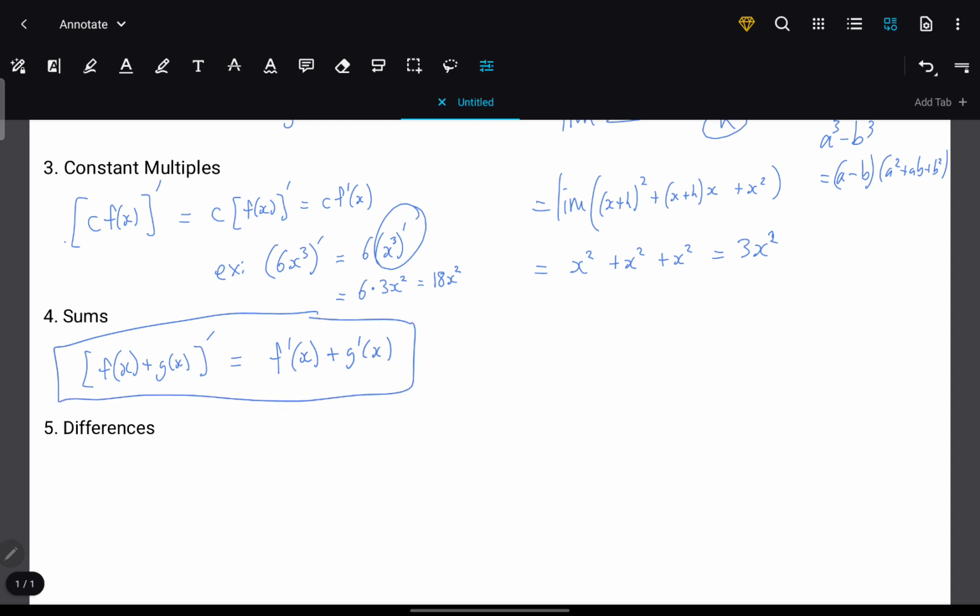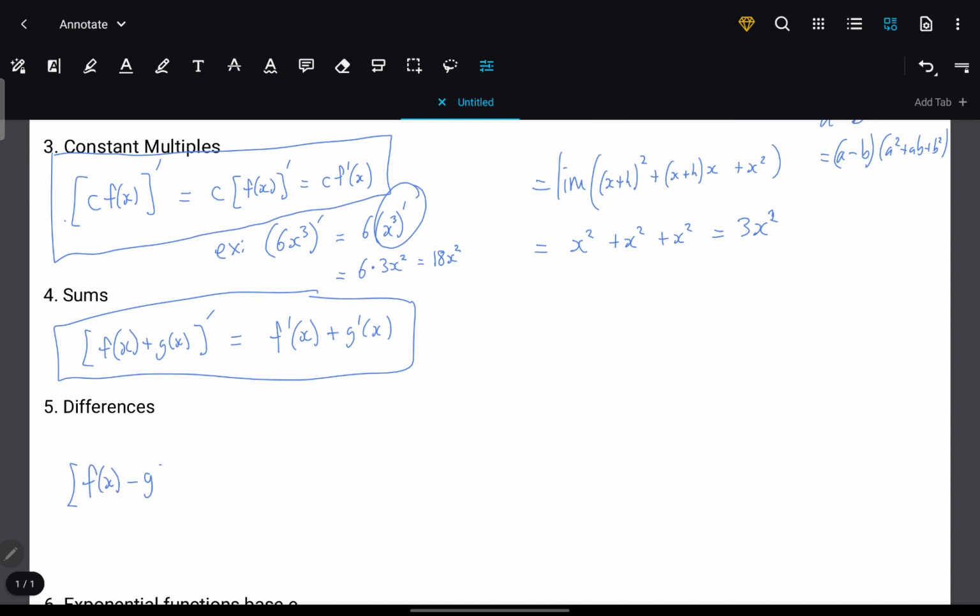So there's my formula. My constant multiple formula is here. And if you have a difference, it's the same idea. You have f of x minus g of x, and you prime, and then you'll have f prime of x minus g prime of x.